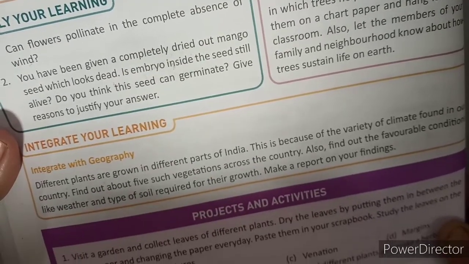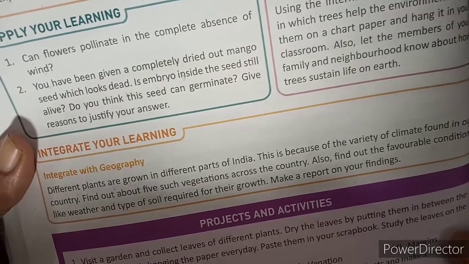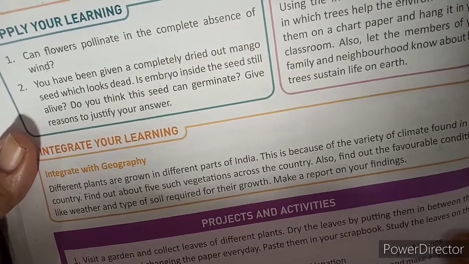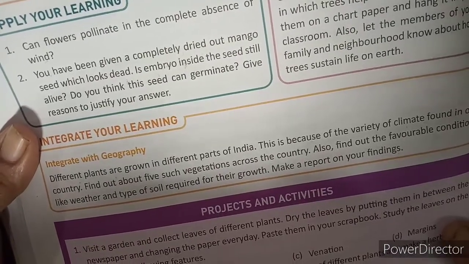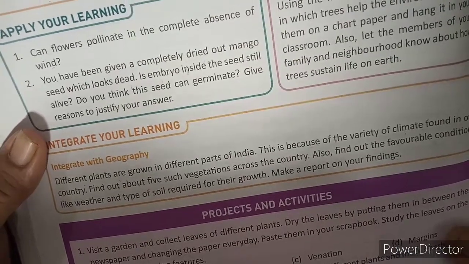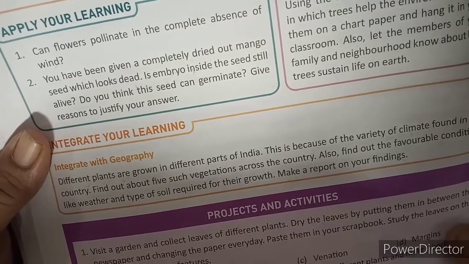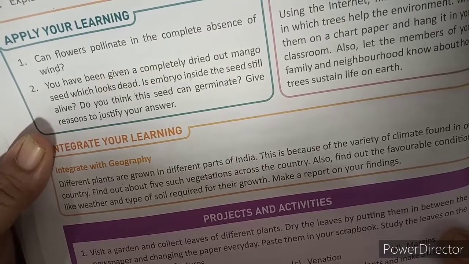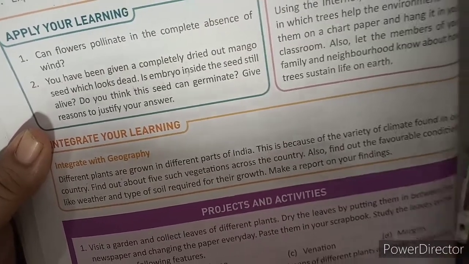So in your geography chapter, maybe you have a chapter about plants and soil, isn't it? I think you have already learned something in geography regarding plantations, like wherever the soil is black soil, then loamy soil. Different types of soil will produce different types of plants. So this is regarding that only.